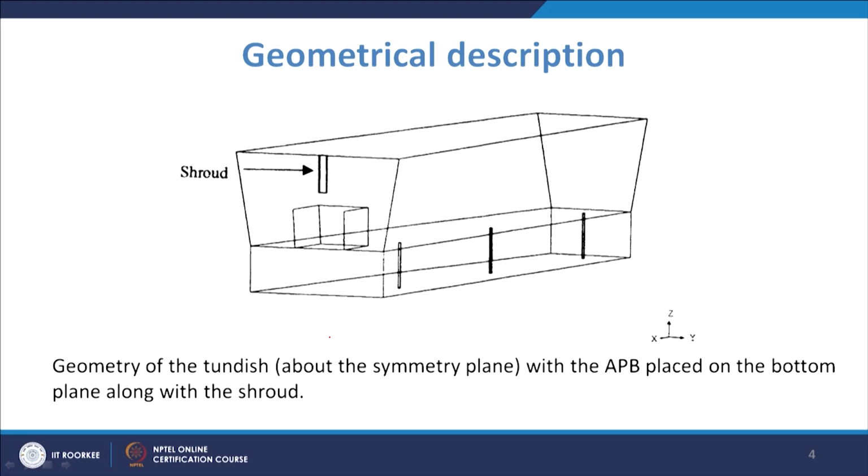We also used the shroud, which can be used or not. Many times we use this shroud to indicate that the metal will not be exposed to atmosphere and the oxidation kind of problem will not be there inside.